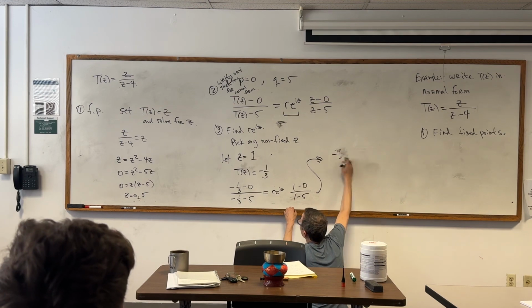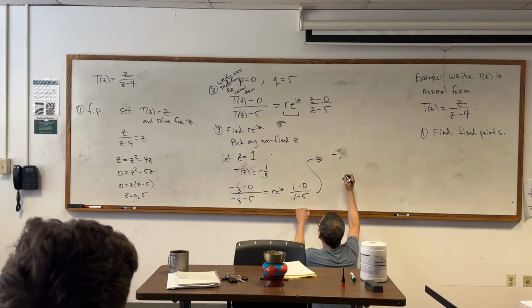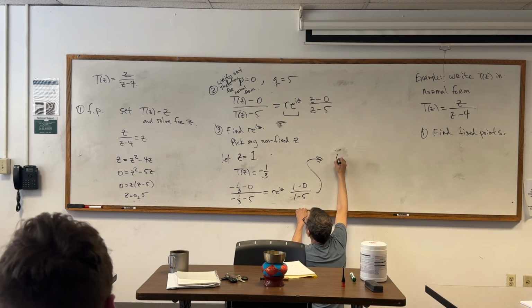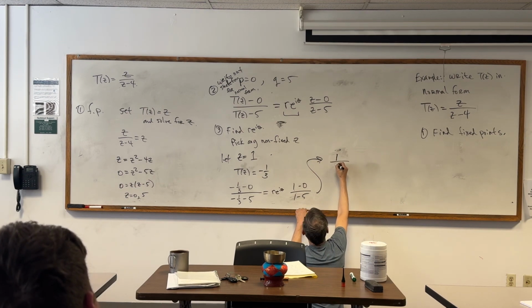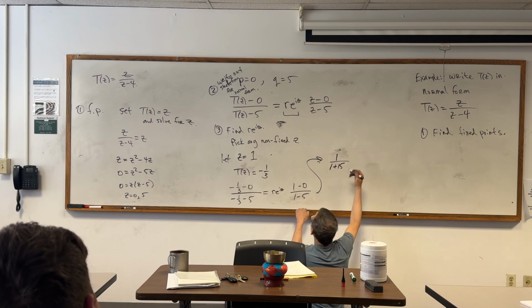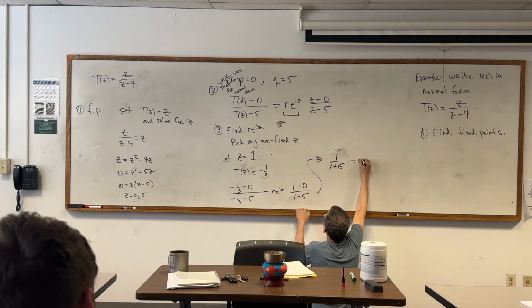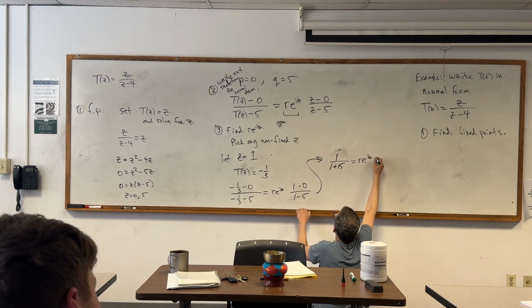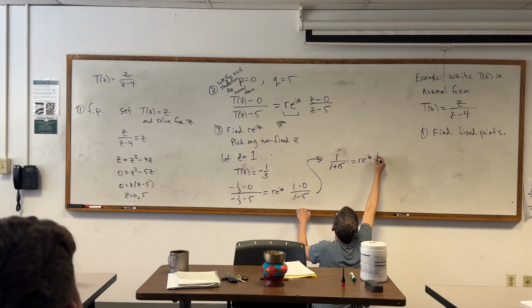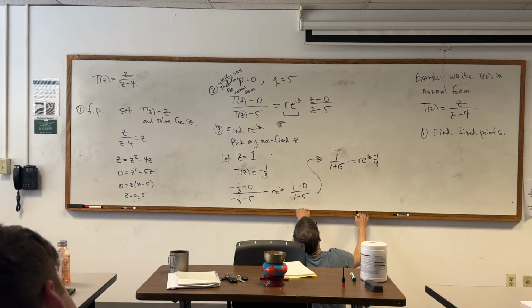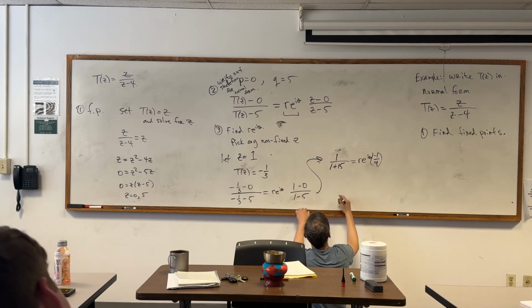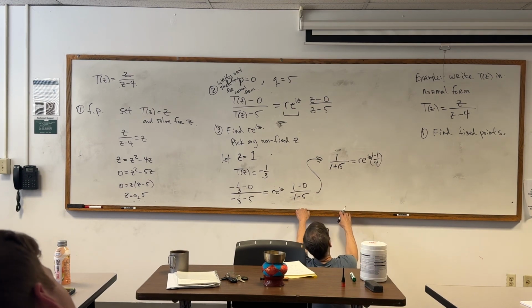Oh, and then this side, I'm just gonna multiply top and bottom by -3. Hey, that's not all that bad, right?